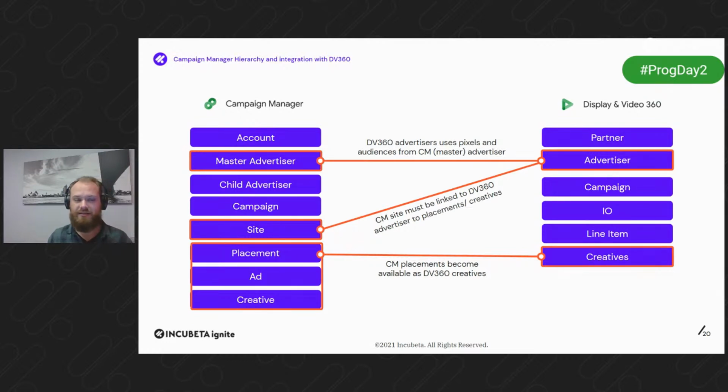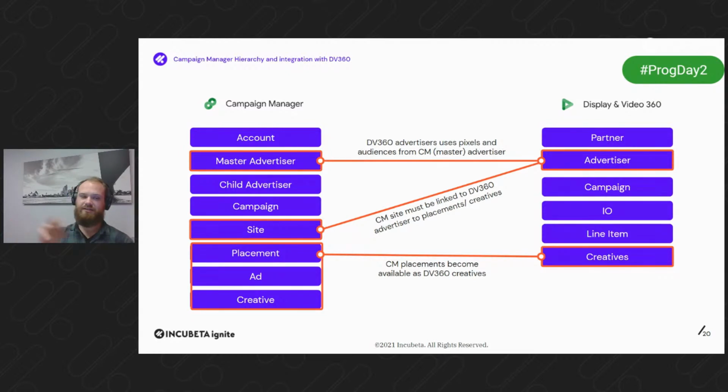However, if that link already exists, and it was created a few weeks ago, months ago, days ago, whatever the case is, it generally pulls through between 6 and 12 hours, sometimes less, sometimes more, depending on the volume of traffic going through Campaign Manager at that time. So just bear in mind when you get to running and building DV360 campaigns with Campaign Manager that the sync does take a little while to pull through.